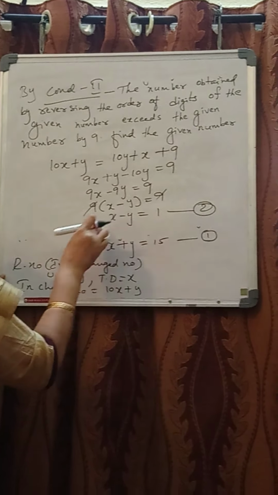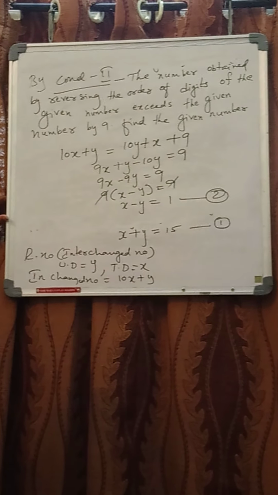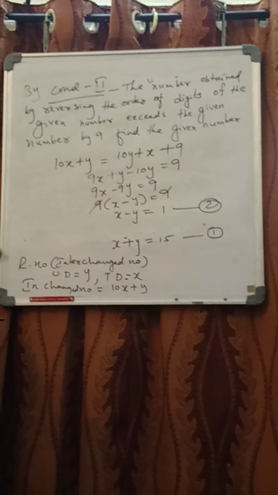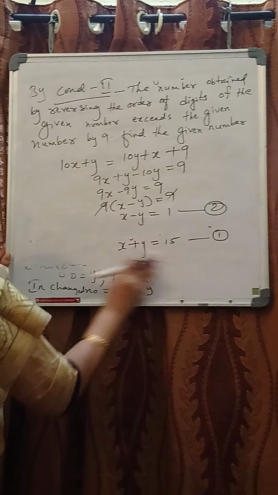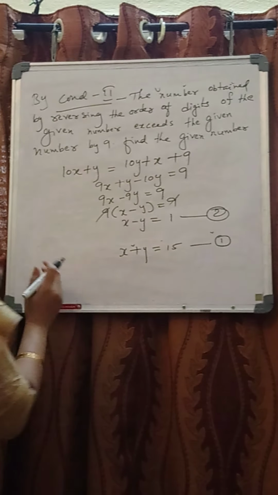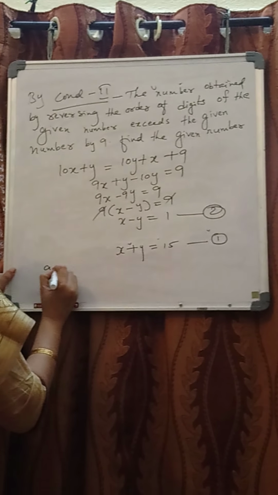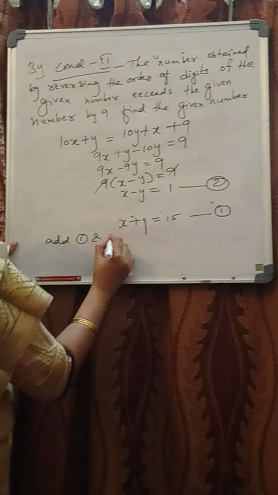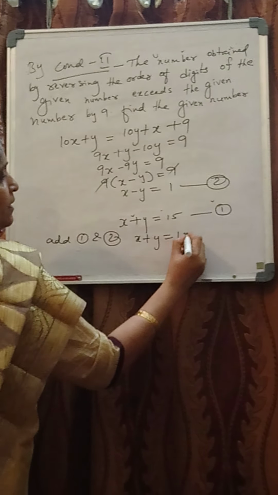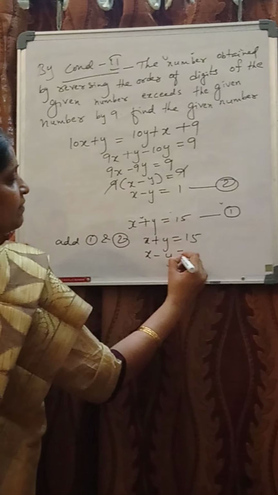Now solve these two equations, children. You got two linear equations. So solve them, get the values of x and y, and find the whole number. So let's solve this. Add 1 and 2. x plus y equal to 15, x minus y equal to 1.